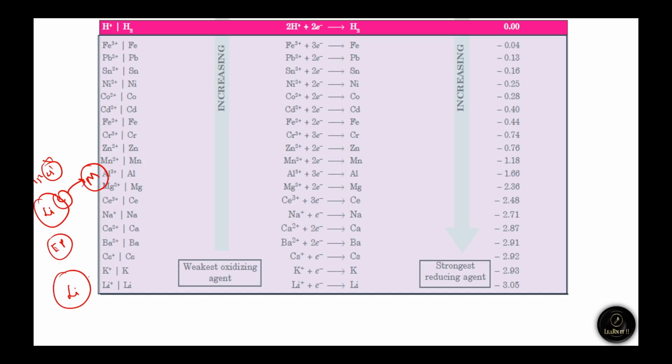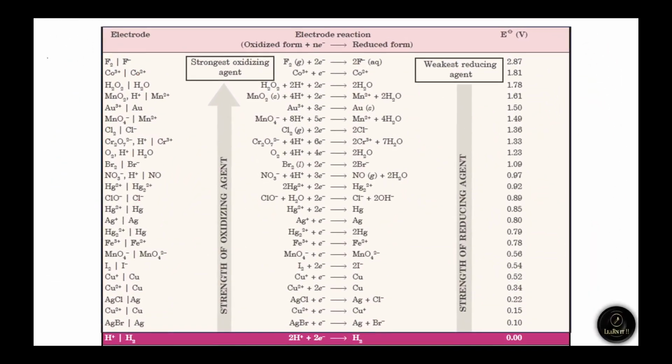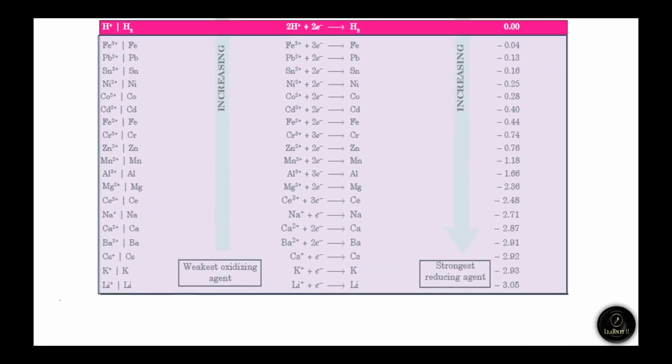So that's why lithium is the strongest reducing agent. So at the top we have the oxidizing agent, at the bottom we have the reducing agent.